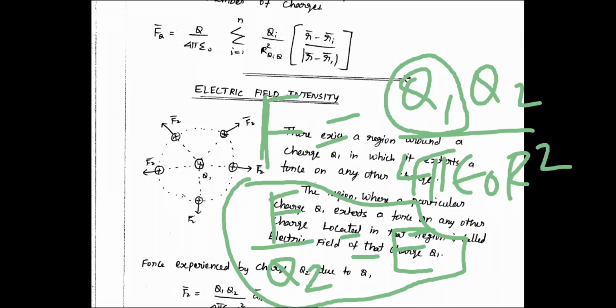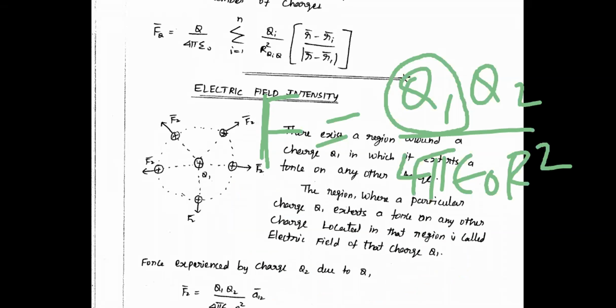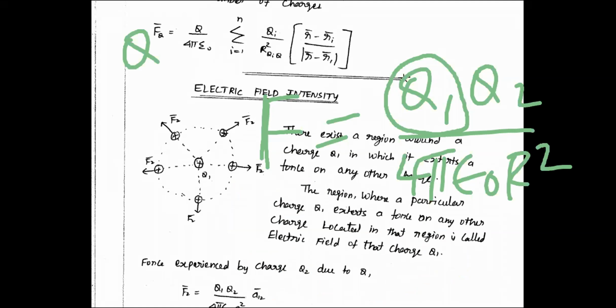Or you can take it this way also. Say you take Q2 as 1 coulomb of positive charge. That is called a test charge. If the charge value is 1 coulomb and it is positive, that is called a positive test charge.